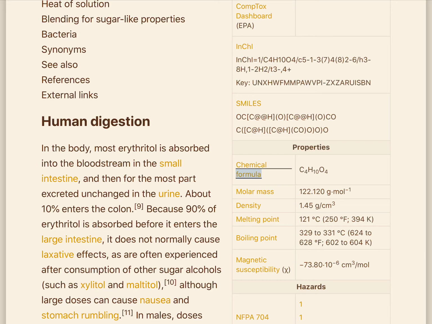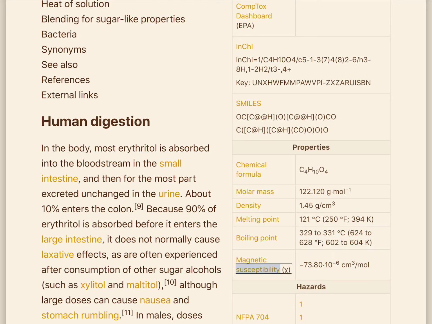Properties. Chemical formula C4H10O4, molar mass 122.120 g·mol−1. Density 1.45 g/cm3. Melting point 121 degrees Celsius, 250 degrees Fahrenheit, 394 kelvins. Boiling point 329 to 331 degrees Celsius, 624 to 628 degrees Fahrenheit, 602 to 604 kelvins.